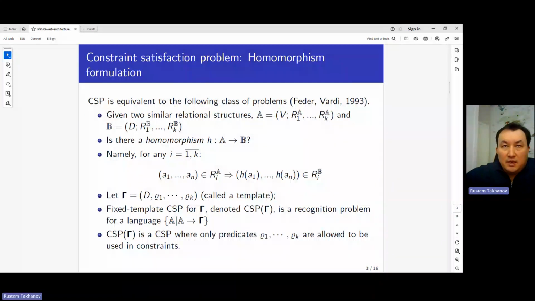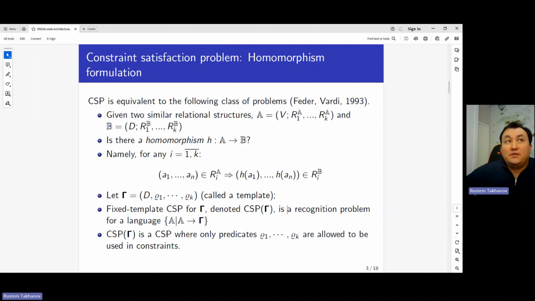So CSP gamma is a recognition problem, in which we have to recognize the language, the set of all instances, the set of all relational structures A that are homomorphic to gamma. When gamma is fixed, it is called the fixed template constraint satisfaction problem, or fixed template homomorphism problem.